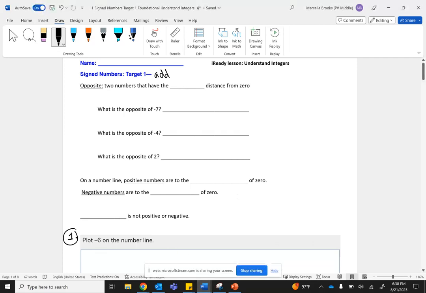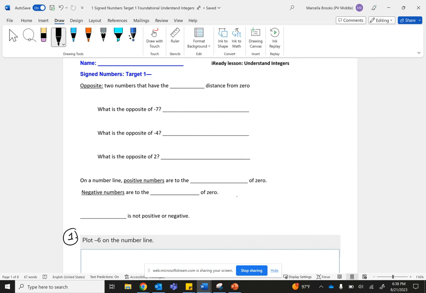All right. So this is just a review over integers. Before we dive into what an integer is, we're going to write down what our target is.